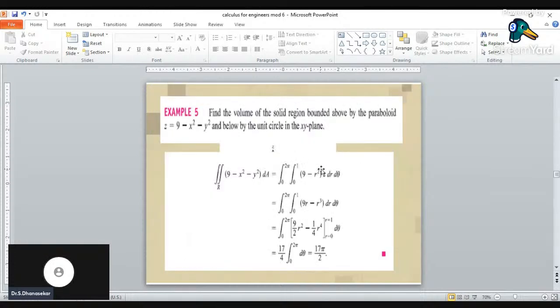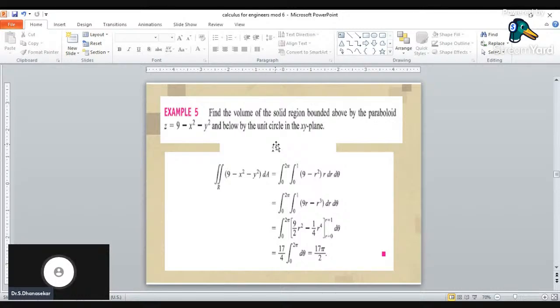Now, if I come to the next one, find the volume of the solid region bounded above by the paraboloid z equal to 9 minus x square minus y square and below by the unit circle in the xy plane. Now, what is a unit circle? A full circle.